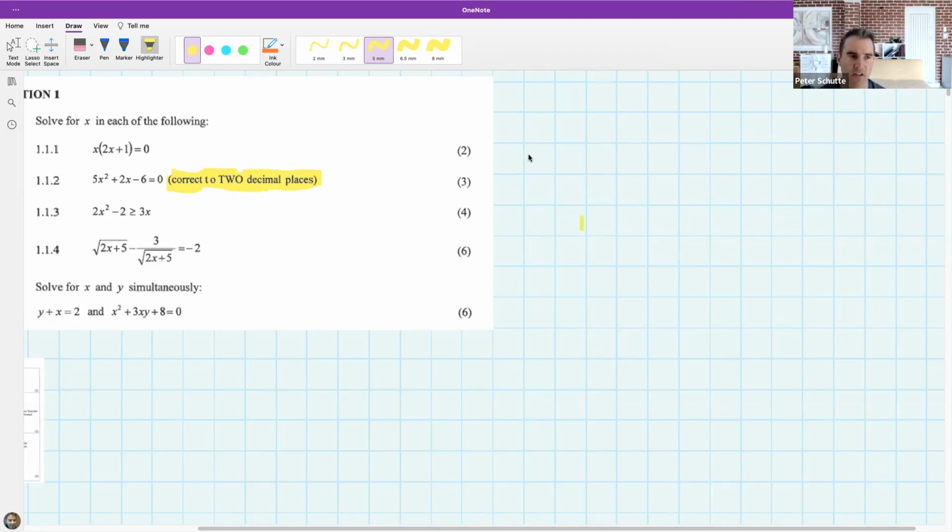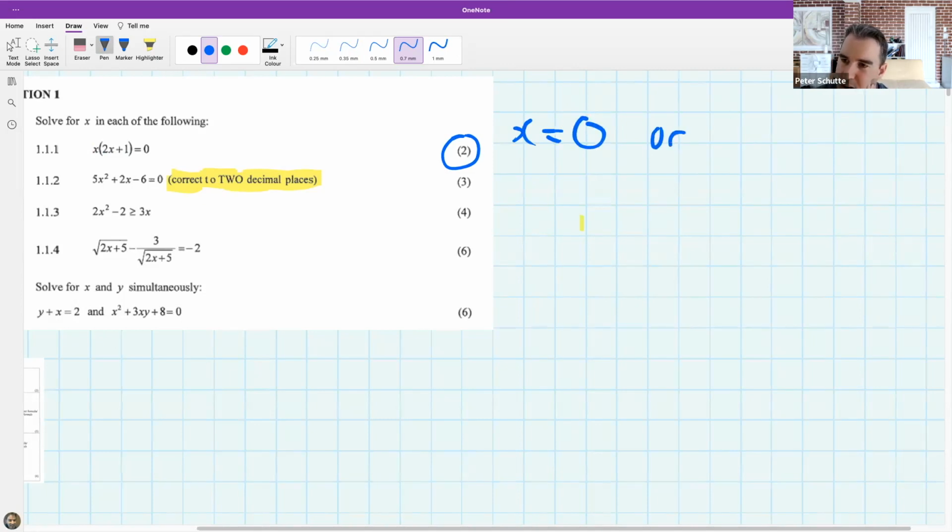Who has the answer for question 1.1.1? It's a bit of a sneaky one, but it's only worth 2 marks. So you have to ask yourself, what is the answer here? And I'm going to suggest one of the answers is x is 0. What is the other answer?